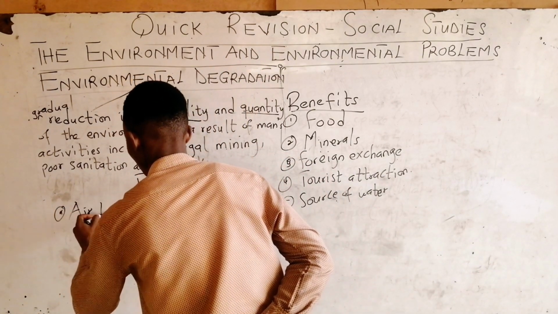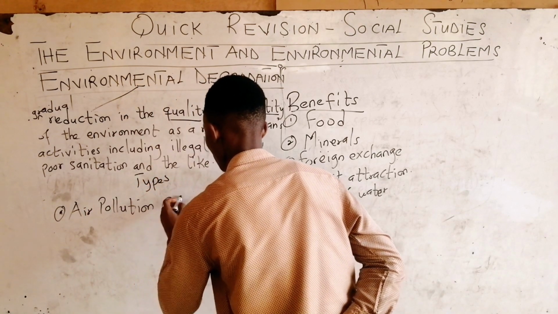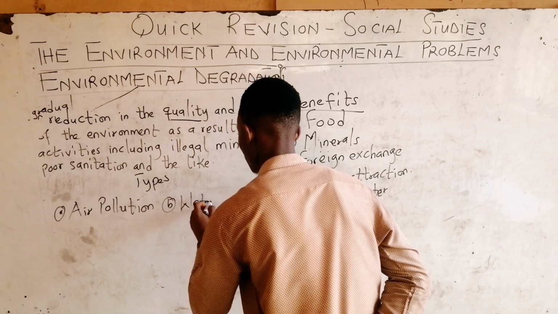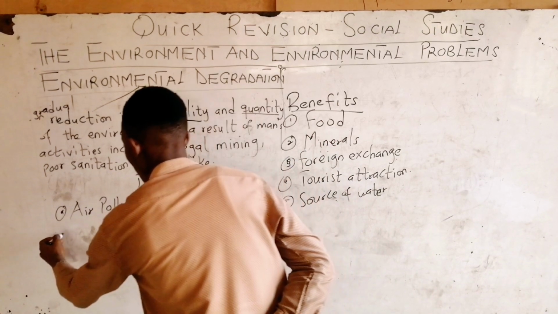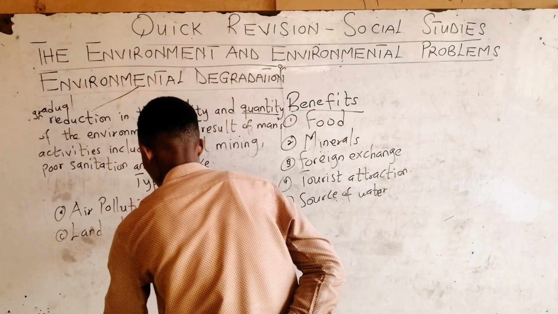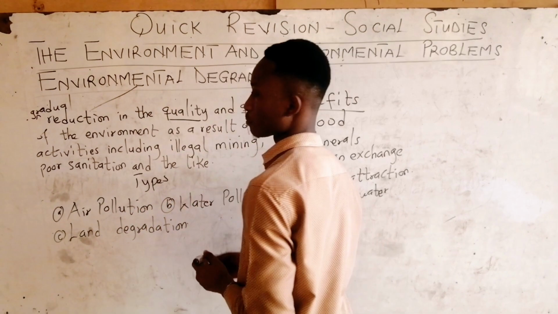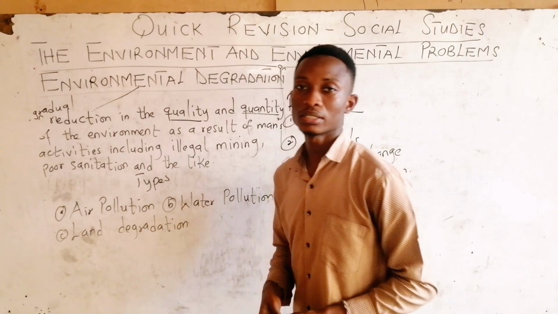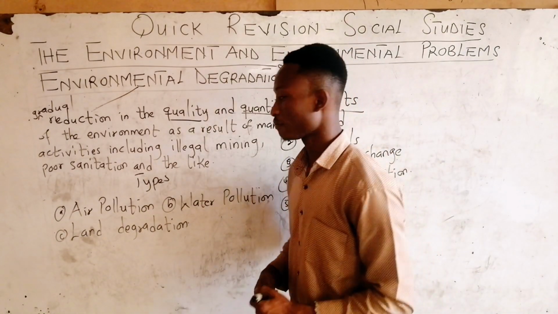We have air pollution, we have water pollution, and land degradation. These are the three types.